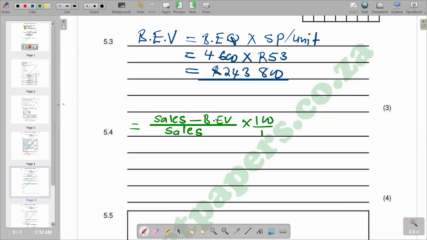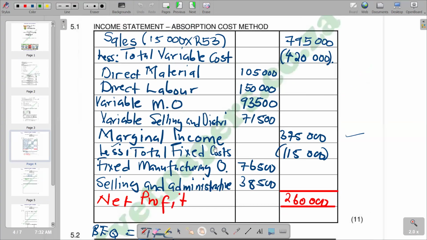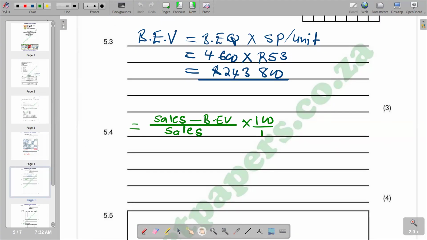So for our sales, we can get it in our income statement, whereby we got it as 795,000. So here we are saying it is equal to 795,000 minus break-even value, which is 243,800, then all over our sales.